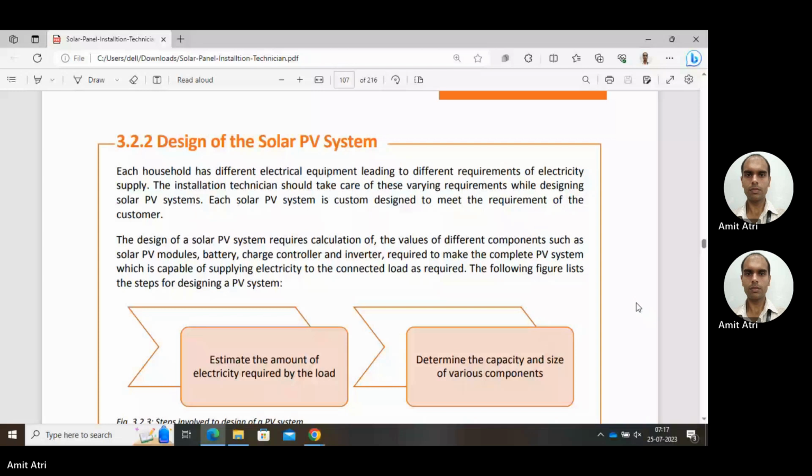How much electricity is consumed? What are the different equipments which are to be operated on electricity? Okay, next step is to determine the capacity and size of various components. As per the load, we will determine the capacity and size of our components in the PV system.